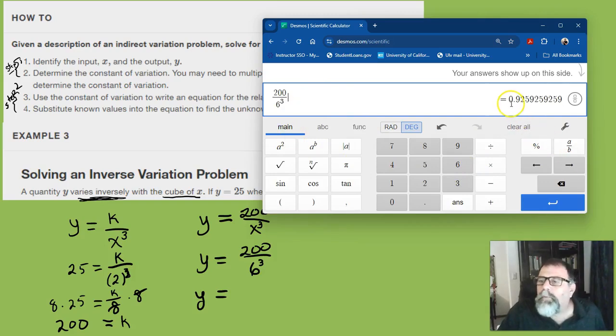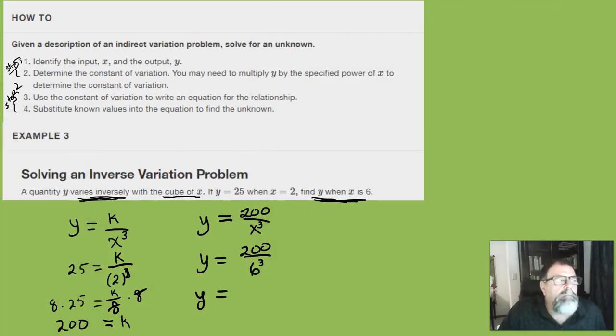And that is 0.925. If you want to see it as a fraction, it's 25/27. So whichever way. If you're not great at fractions, learn how to use this fraction button. So 25/27. How does the book have the answer? They have it as the fraction, 25/27.